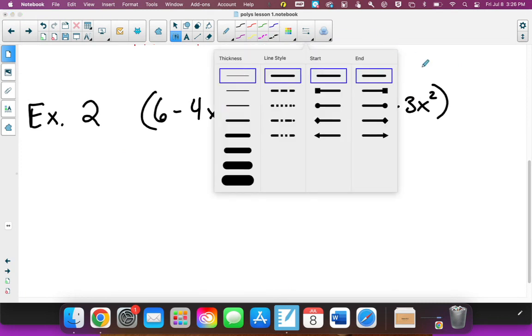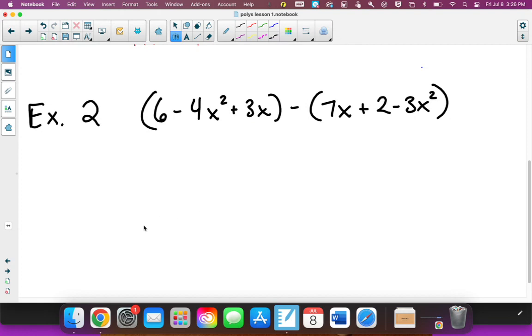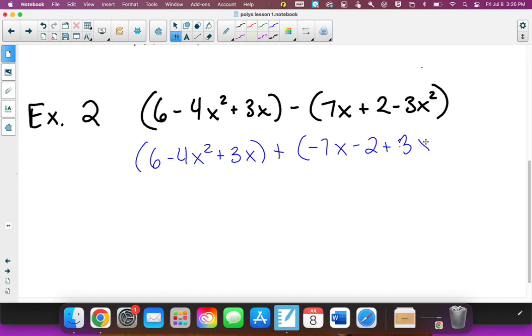Okay, and again, first I'm going to rewrite it as an addition problem. Okay, when you start working on the assignment for this, I expect you to show this step. It's a very important step, and a lot of people mess up because they forget to write it down, and then they forget that all those signs had to change.